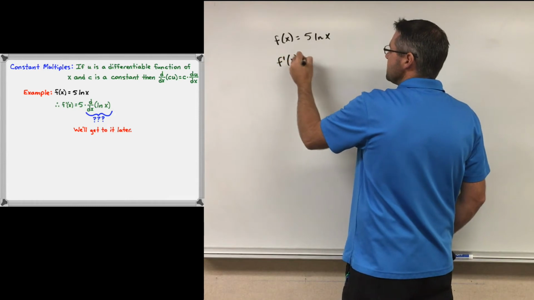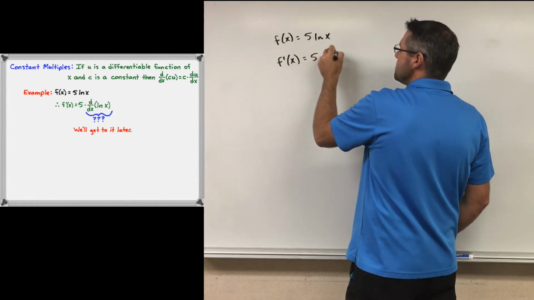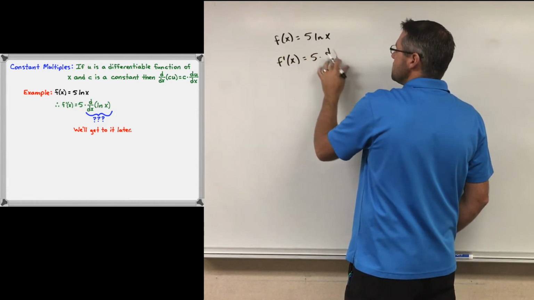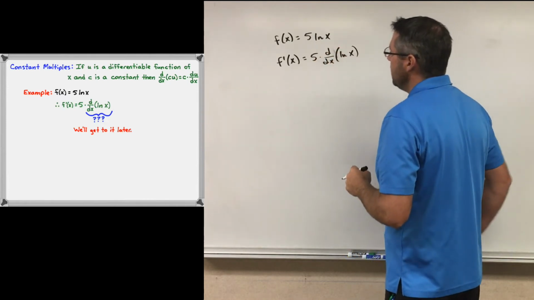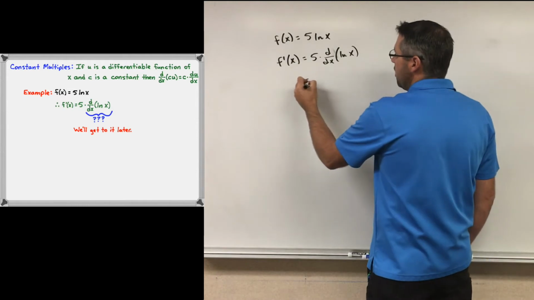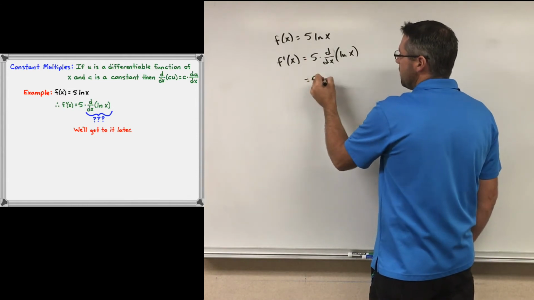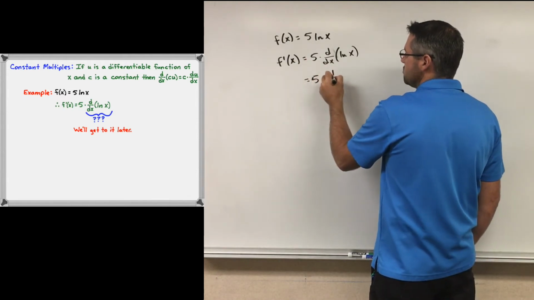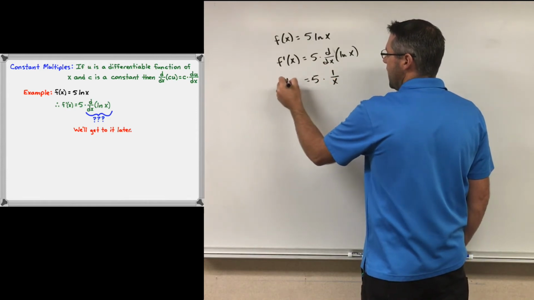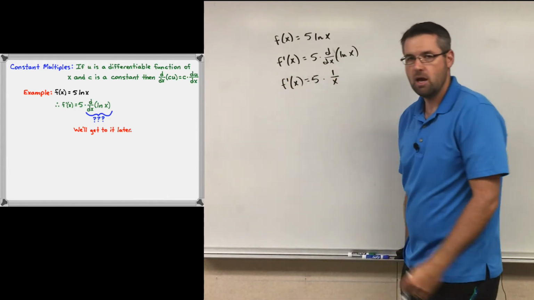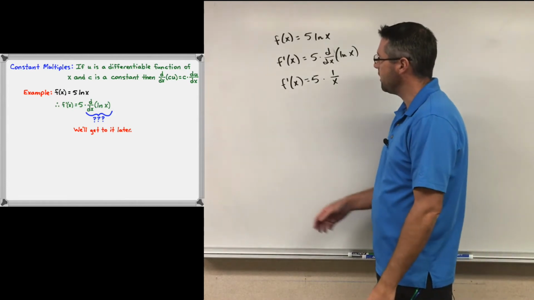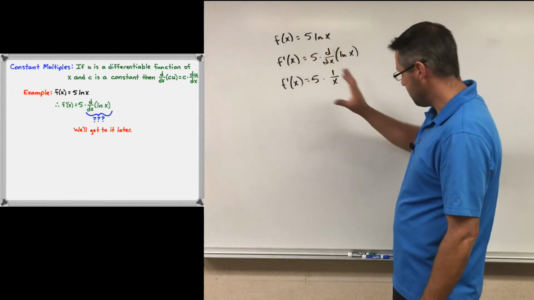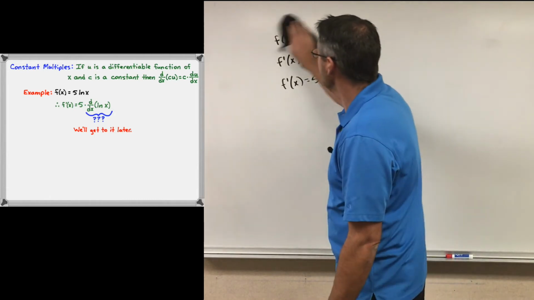Therefore, f prime of x is equal to 5 times the derivative of natural log of x. Okay? And then we carry that 5 down. What's the derivative of natural log of x? You guys should know that it's 1 over x. We explored that. I haven't proven it to you yet, but we kind of explored it the other day. And so this is just another example of a constant multiple.